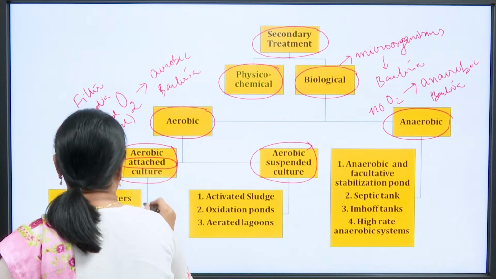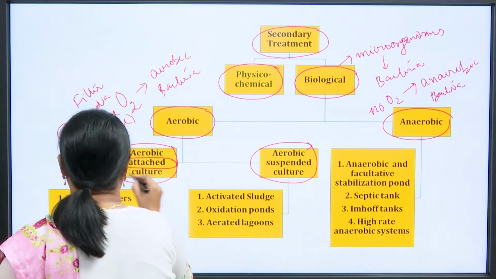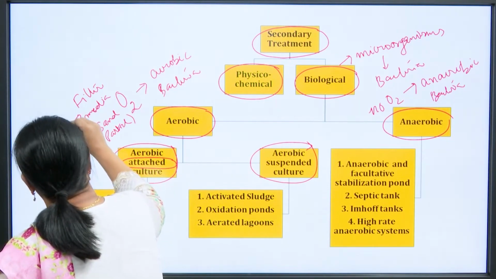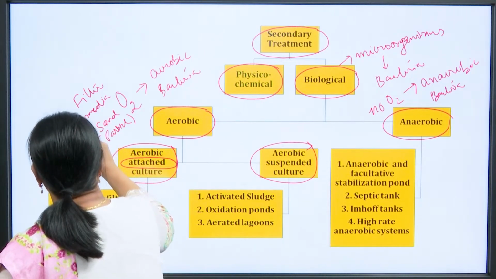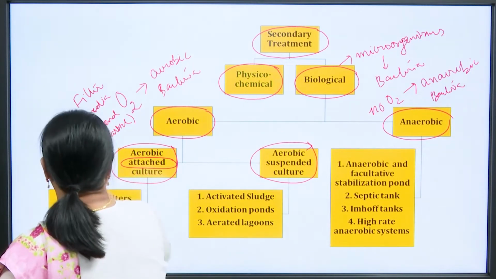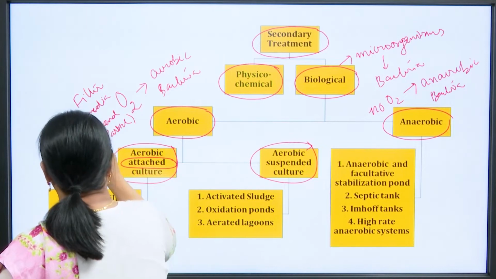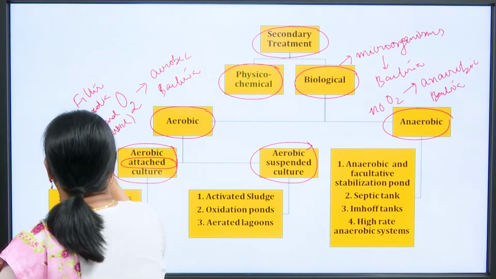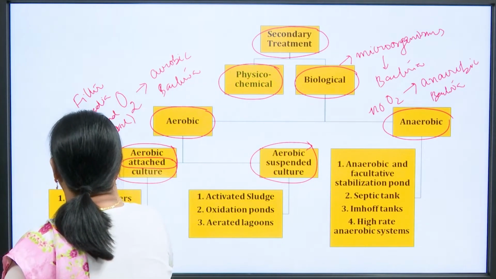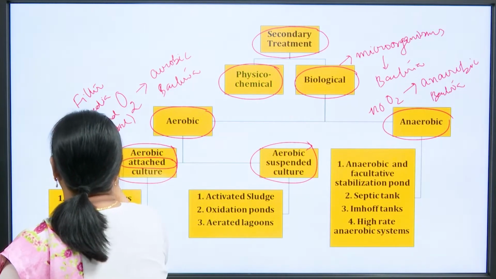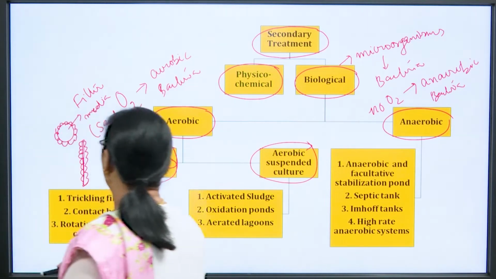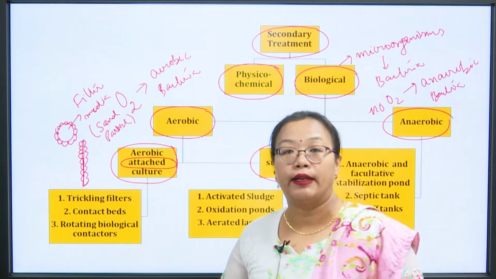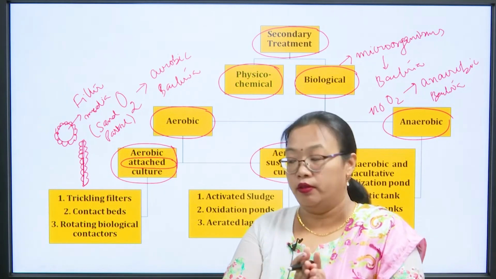In this aerobic attached culture, the bacteria will be sticking on the surface of the filtering media, or if it is a sheet, those bacteria will be sticking on the surface of the sheets. So the word we have to remember is attached, it is attached to something, right.